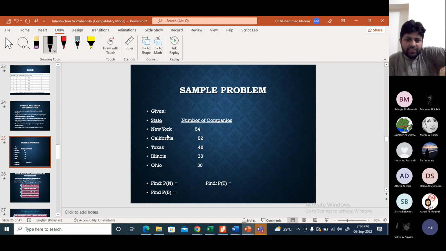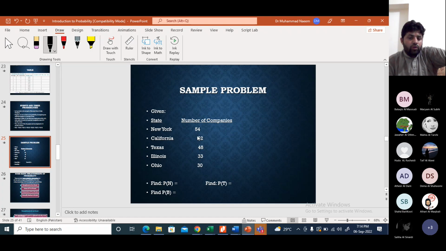No, this is the simple one. New York is 54, California 52, Texas 48, Illinois 33, Ohio 30. Find the probability of N. For example, what could be the probability of New York? We have to add 54, 52, 48, 33, 30.